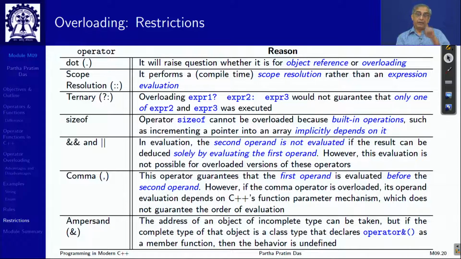Again, ampersand by itself is overloaded, because it can mean bitwise AND and it can mean address of. In the context of address of, it cannot be overloaded, because it has to guarantee that it should not work for the incomplete type and all. Don't break your head on that, just know that it cannot be overloaded, you will slowly understand the reason.